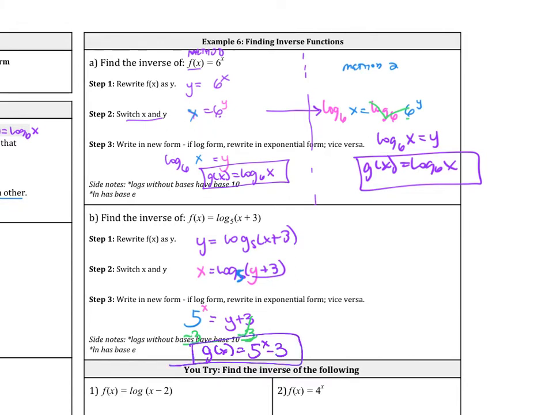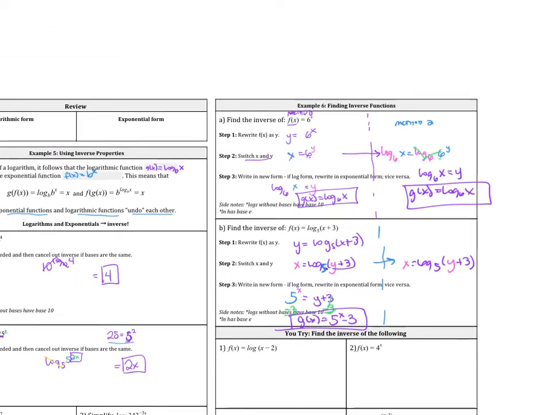So then let's try this in method 2. From here, let's write x equals log base 5 of y plus 3. So we switch the roles of x and y. And now we want to get rid of this log base 5. We want to write it in exponential form.